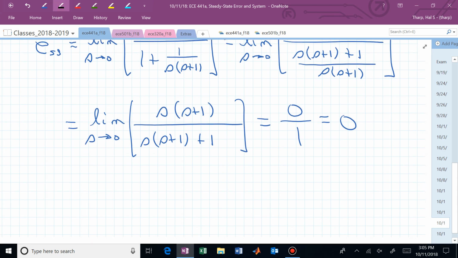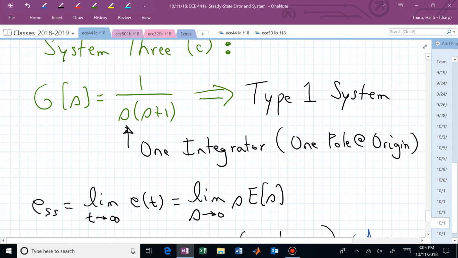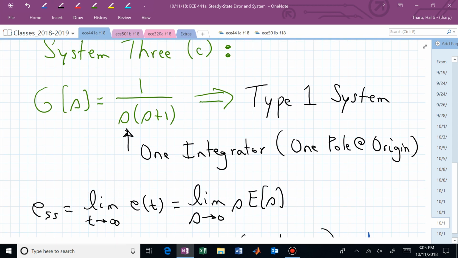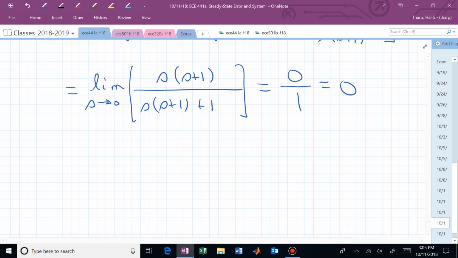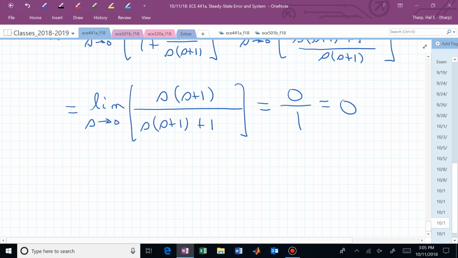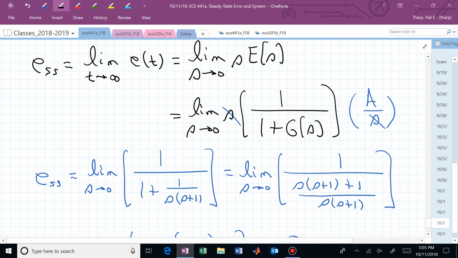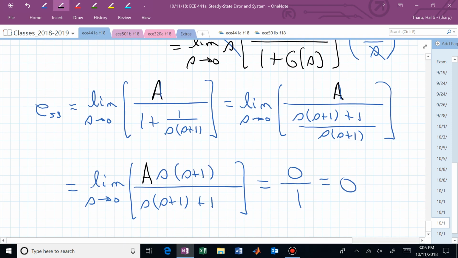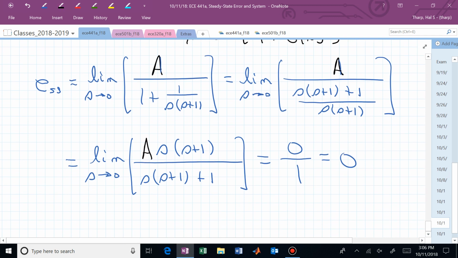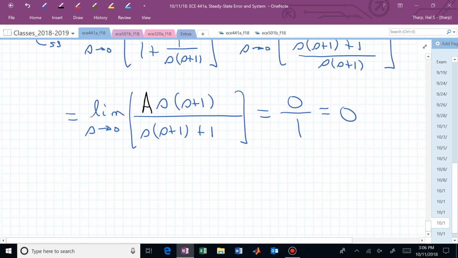The connection that I'm wanting you to draw from that is that we had one integrator in our open loop system, G of s. That type 1 system allows us to actually annihilate, or completely eliminate, errors due to constant inputs. In this case, actually, I forgot my A, so let me go ahead and put the A in here. That A, you can see, doesn't really matter what that constant was. I'm still going to go to 0.